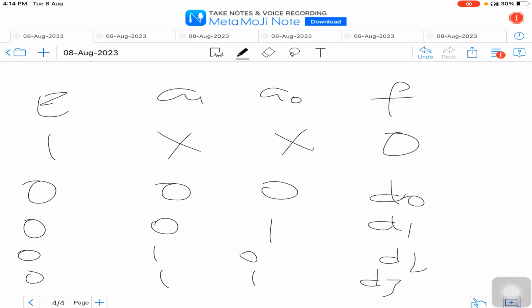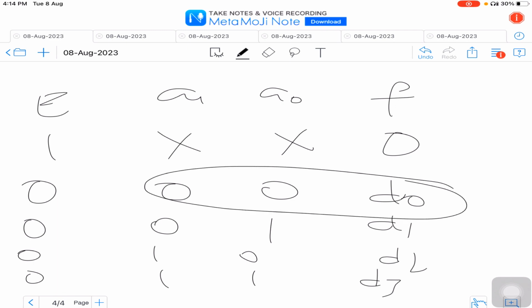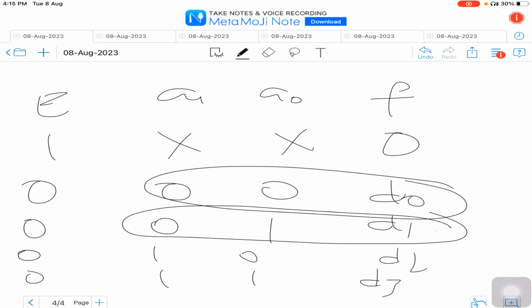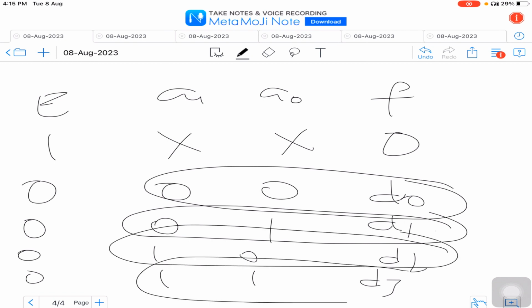Now, when you solve this expression, you will get D0 into A1 bar, A0 bar, D1 into A1 bar, A0, D2 into A1, A0 bar, D3 into A1 and A0 along with enable E bar.